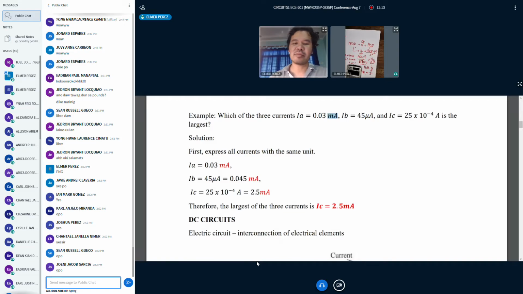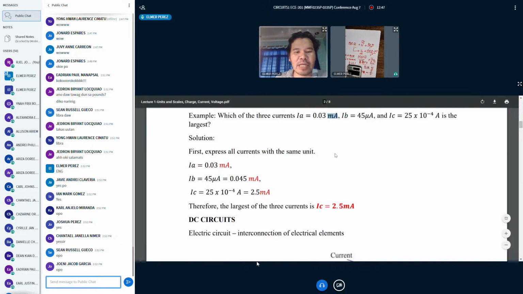Para at least, mas madali, type niyo lang yung number and then you press ENG. Ang ENG kasi susundan niya yung 369, lagi niyang susundan yung 369. So, based dito sa example, ang pinakamataas daw ay yung IC or that is 2.5 milliampere.